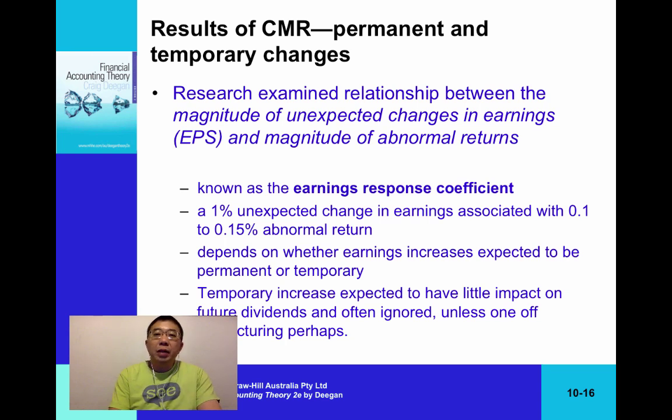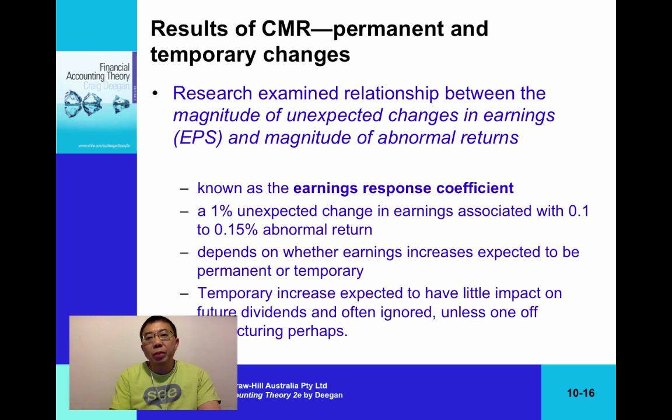In one of the later studies in capital market research, the research examined the relationship between the magnitude of unexpected changes in earnings and the magnitude of abnormal returns. These studies look at how big a change in unexpected earnings it would take to cause a change in the abnormal return on share price.